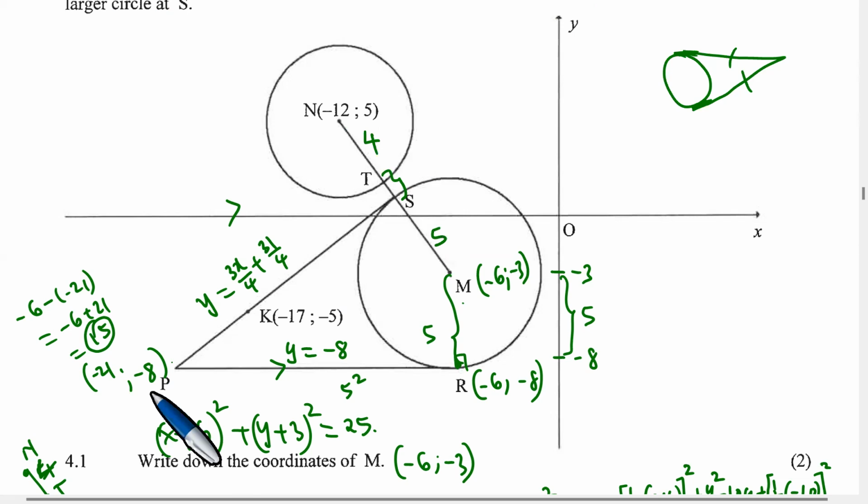So if you close this triangle, you're going to have this one as the base. This line is like a radius. It is perpendicular to the tangent, so the angle here is 90 degrees when you form the triangle like this.